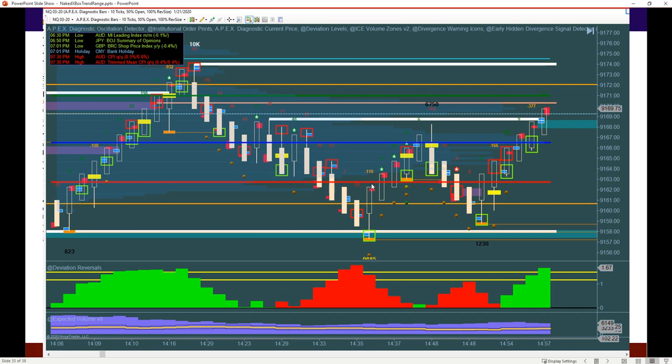Is there at least, easily, with room to spare, 10 ticks of profit between here and the top line of the box? Sure, so let's take it. It pulls back down close to the bottom of the box. We have an exhaustion box, trapped order. Do we have 10 ticks of room here to here? Yes. Those are trades we could take in a range-bound market.